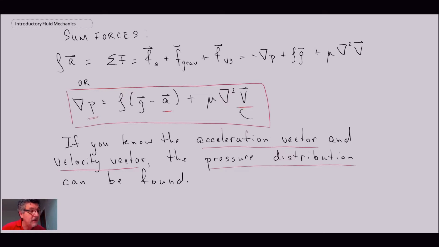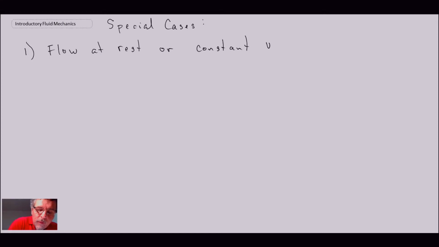We're now going to consider a number of special cases of this equation, and these are the ones that we typically use when we're dealing with hydrostatics. The first one would be if the flow was at rest or at constant velocity. If the flow is at rest, the acceleration vector A is going to be 0, and del squared V is going to be equal to 0 as well.